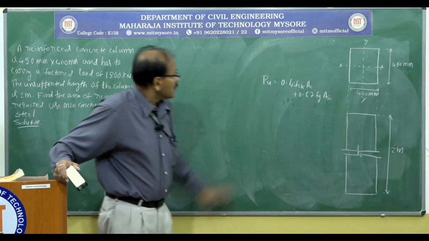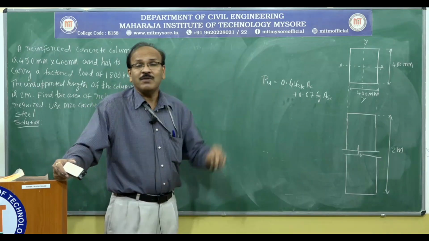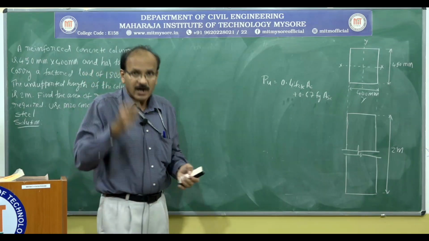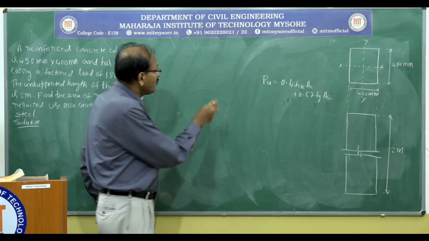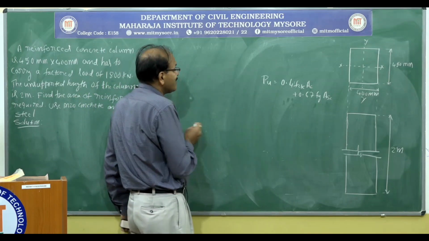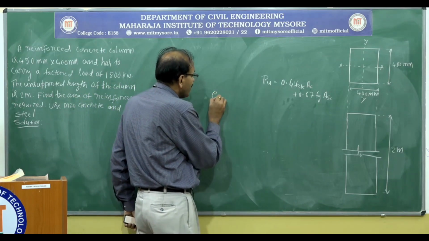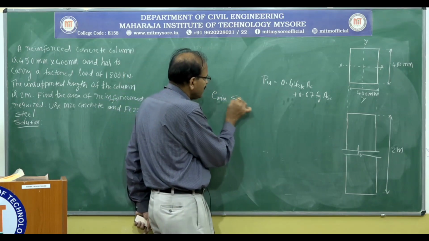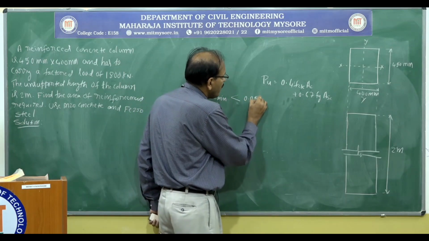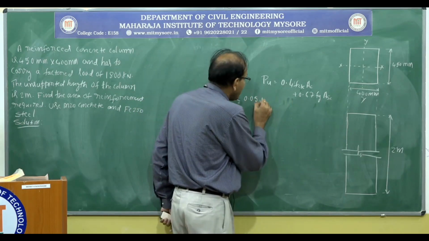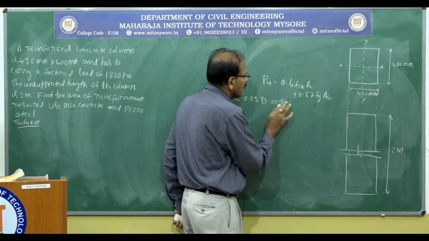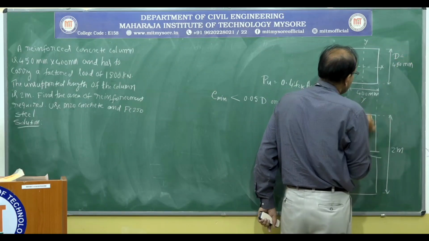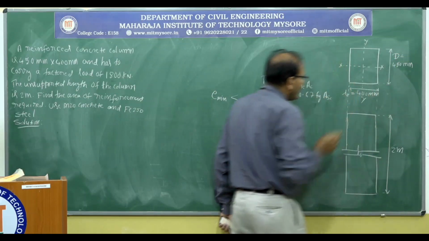Okay? So, to use this formula, the code says under 39.3 we have to satisfy the condition such that minimum eccentricity should be less than 0.05 D, where capital D is this, and small b equal to 400 millimeter.